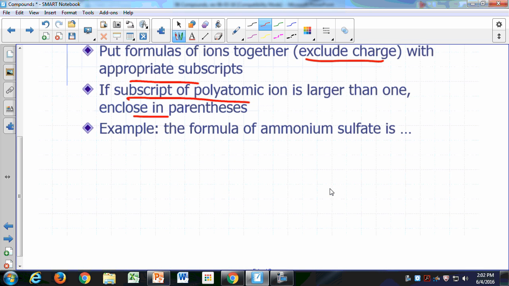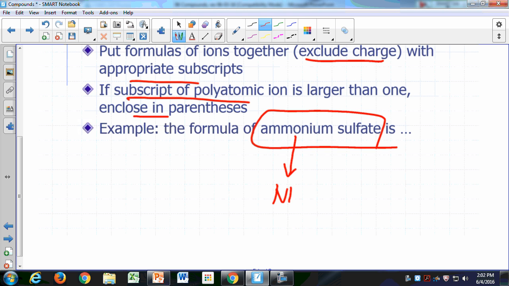I gave you this name, so you should say, okay, ammonium, that should be ionic. The ammonium should be NH4 plus. How do you figure it out? You don't. You just know that ammonium is NH4 plus, one of those things we call trivial. And sulfate, you look up your list of polyatomic ions, and you can find that sulfate is SO4 with a 2- charge.